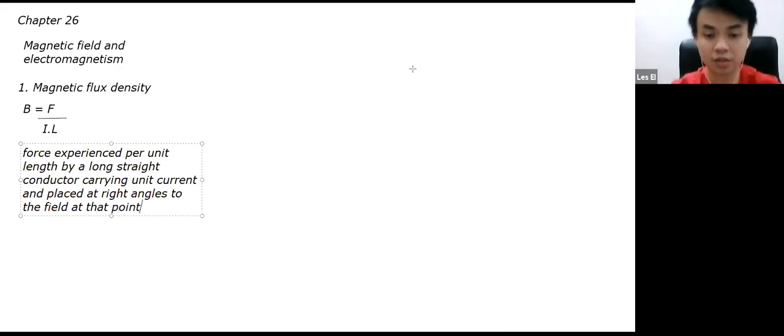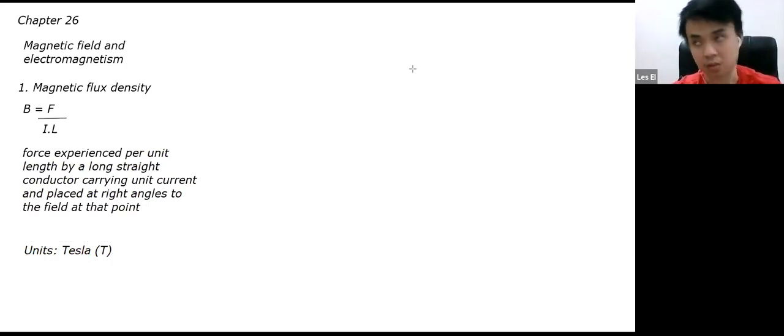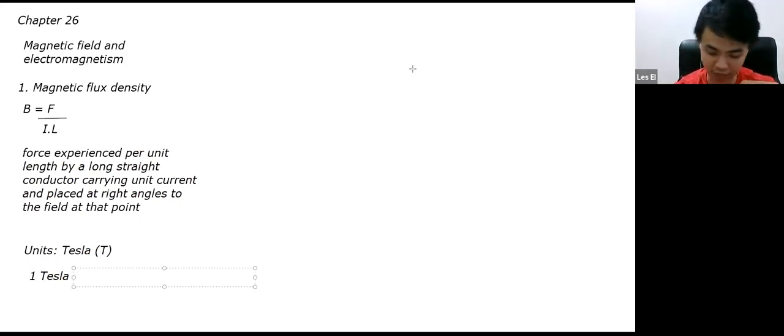Okay. The unit for B is Tesla. If you are asked to define 1 Tesla, you can use the previous understanding, but then you just have to substitute all of the values by 1.